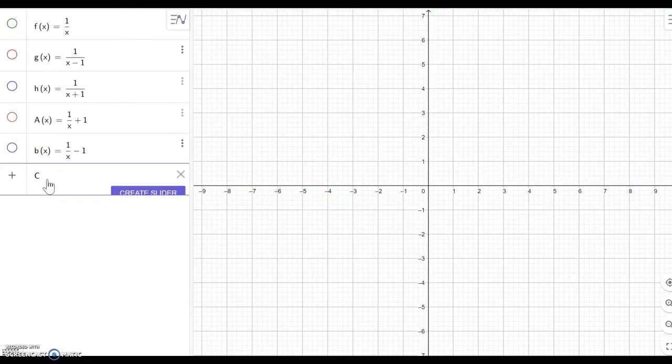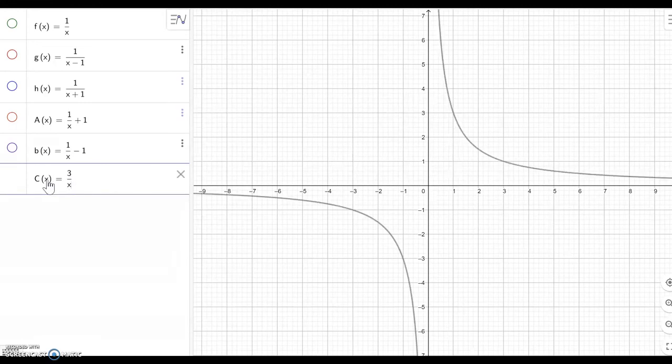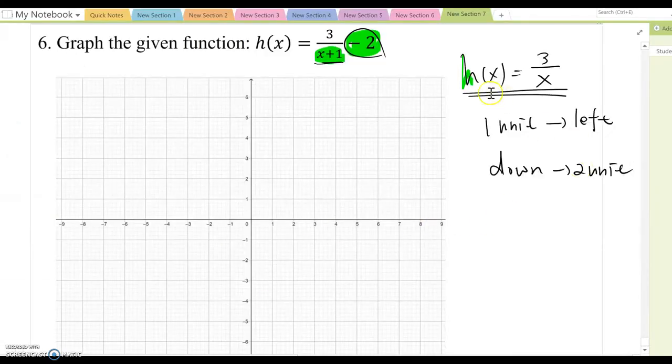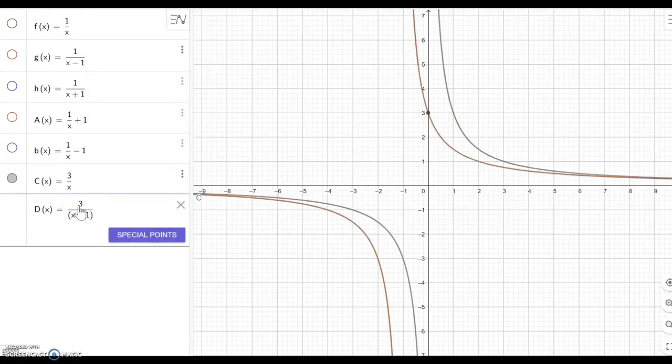As you see, it looks like 1 over x, but it's a little bit wider compared to the other graph here. So now we can conjecture already: 1 to the left and then down 2 here. So I'm going to input that on GeoGebra. So 3 over x plus 1 and then minus 2.